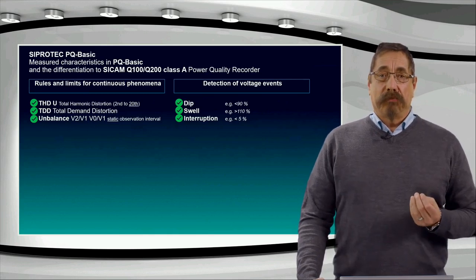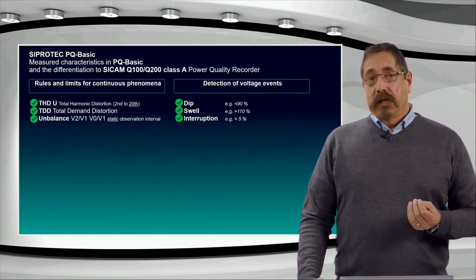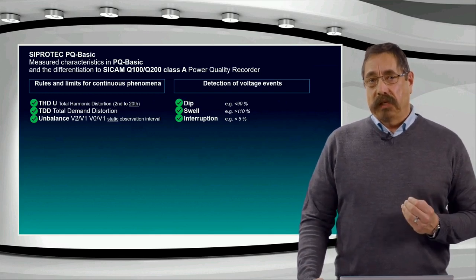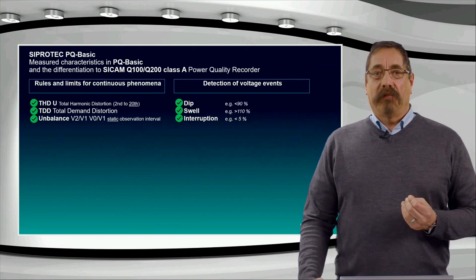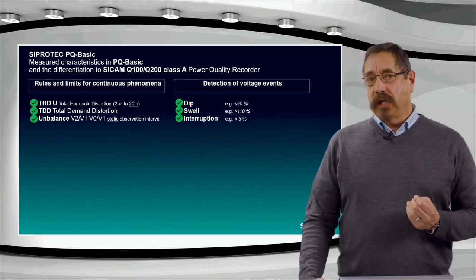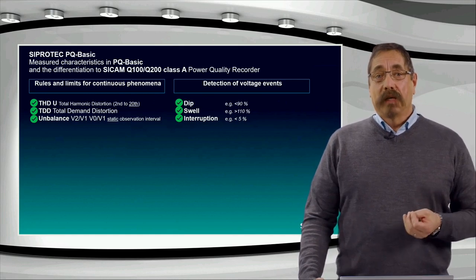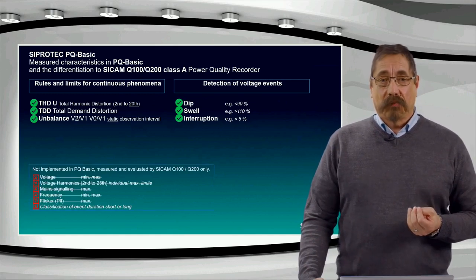In my opinion, it is important that you be aware of what kind of customer requirements are not covered in PQ Basic. That's a so-called grid code evaluation conform to EN 50160. That grid code requests to measure and evaluate the following characteristics.